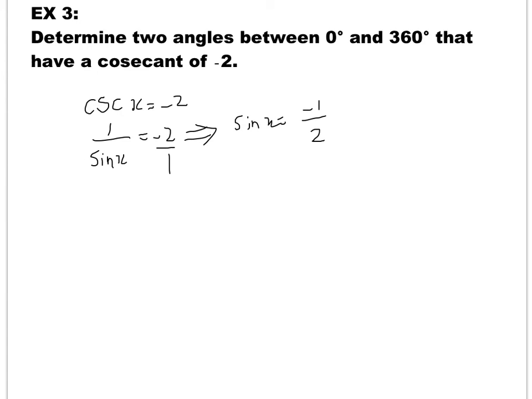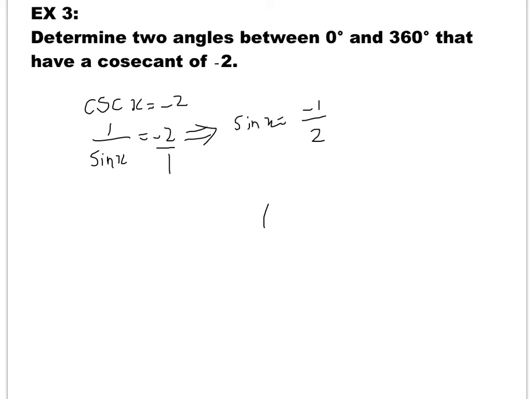Now, as I said, you have to know these special angles by heart. The angle that gives you 1 over 2, forget about negative, because we want to know what is the reference angle. The reference angle is 30 degrees, because sine of 30 is going to give you 1 over 2. But if you look at this one, sine of x is negative.